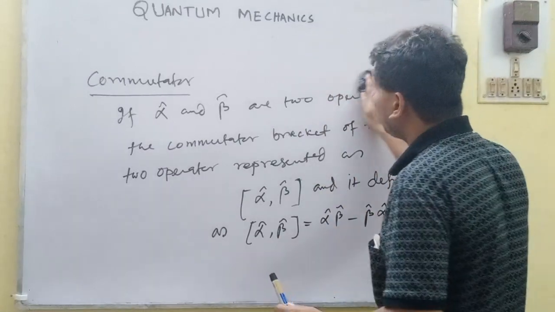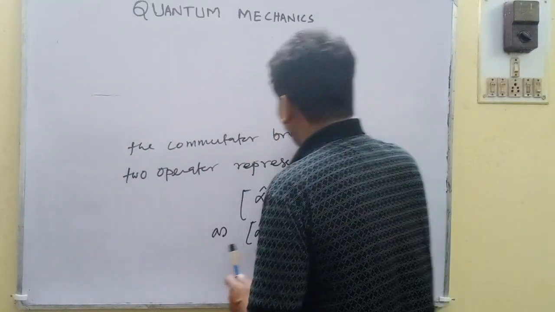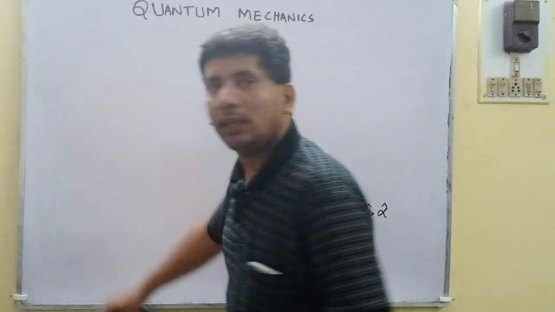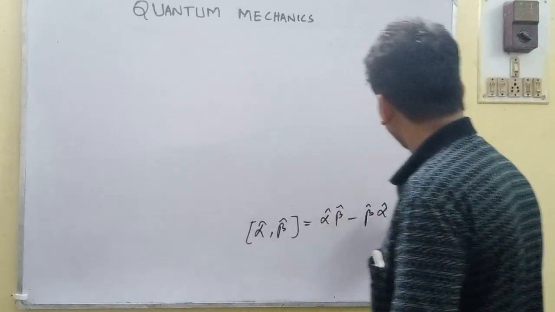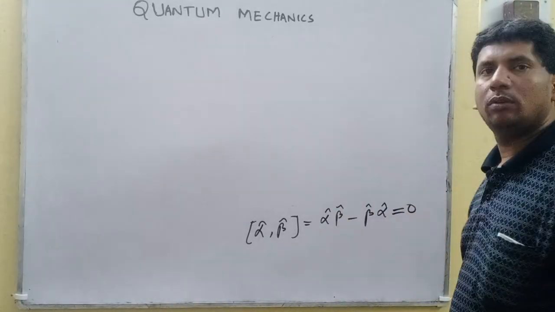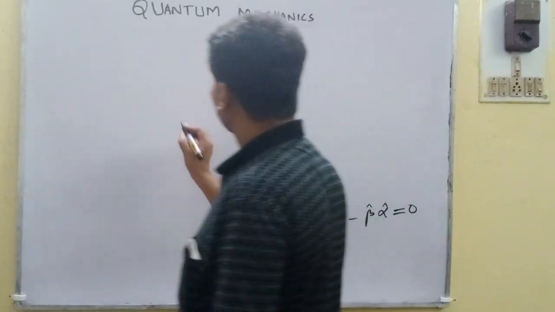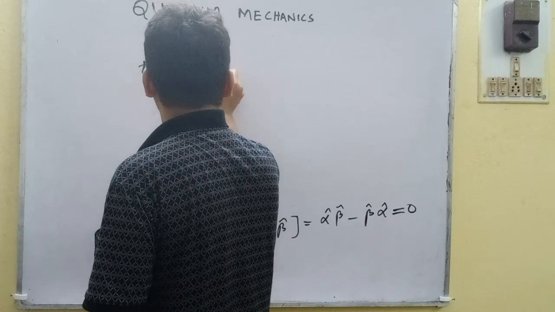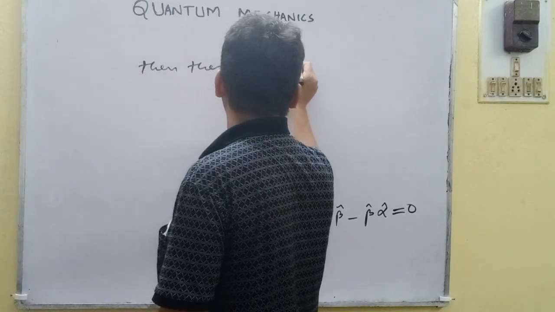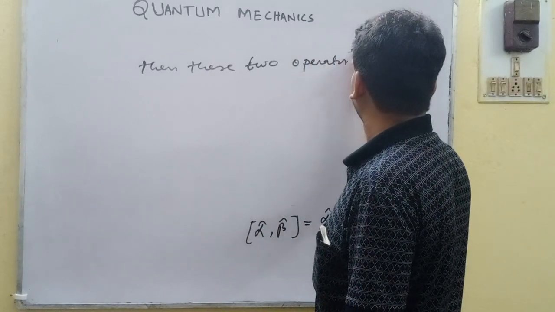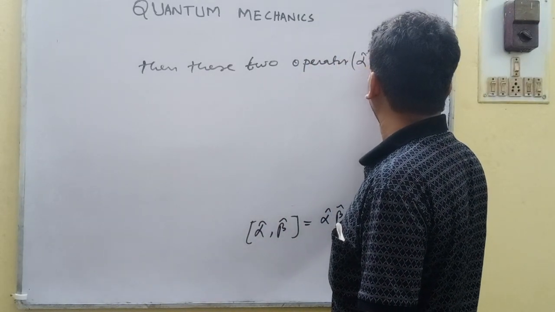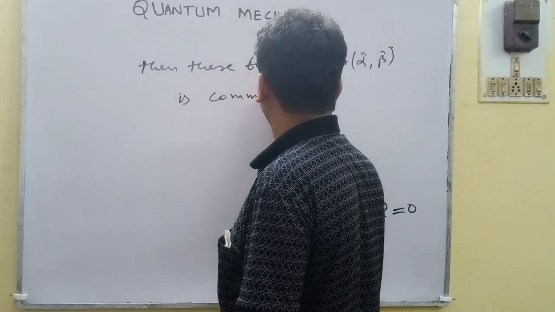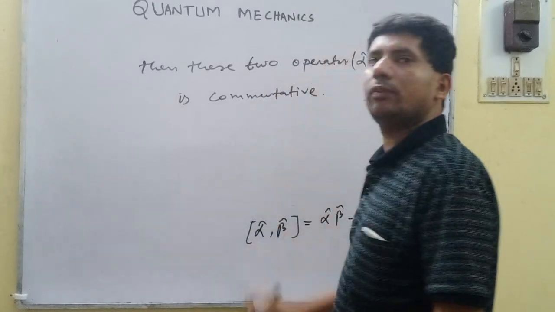Now if alpha operator beta operator minus beta operator alpha operator is equal to 0, then these two operators are commutative.